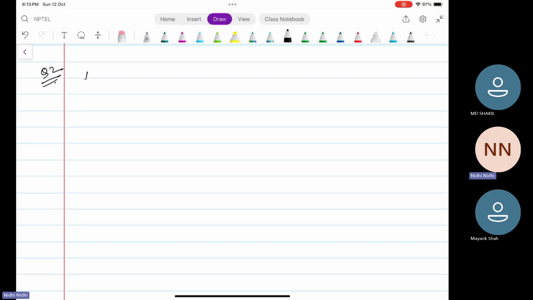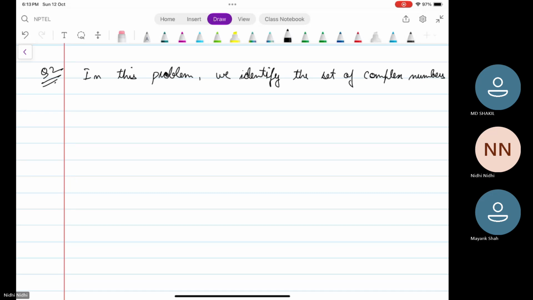In this problem, we identify the set of complex numbers with R2 in the obvious way.